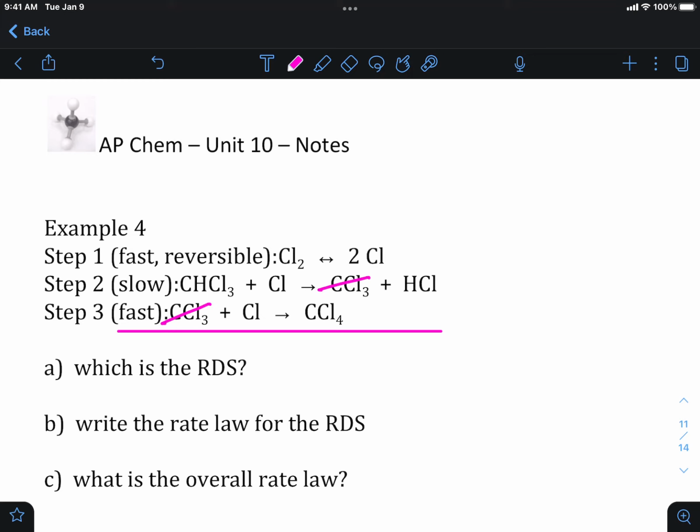Okay. What else? Two Cls on the product side, two Cls on the reactant side. Okay. And that looks like it, huh? So my overall reaction is CHCl3 plus Cl2 forms HCl and CCl4.